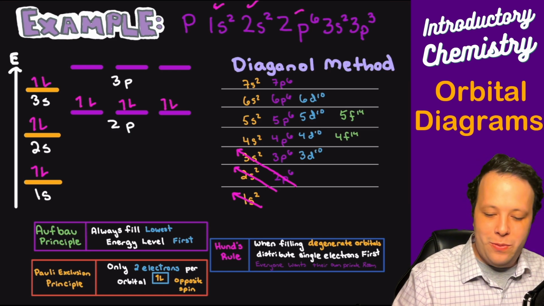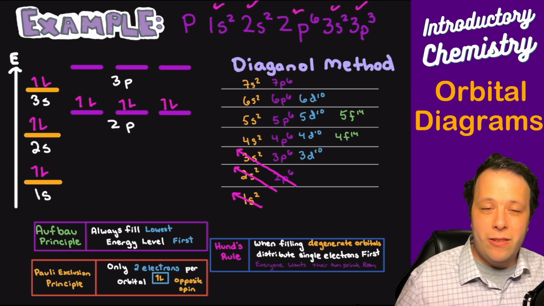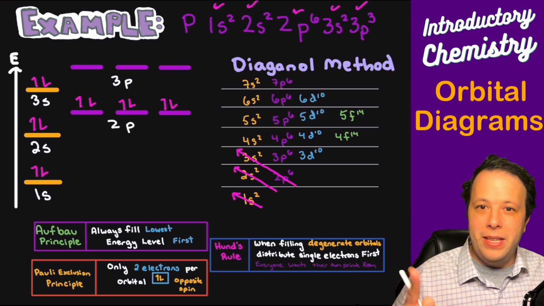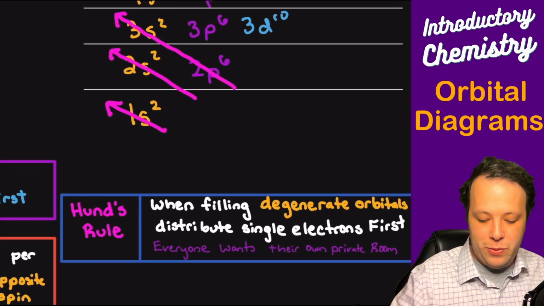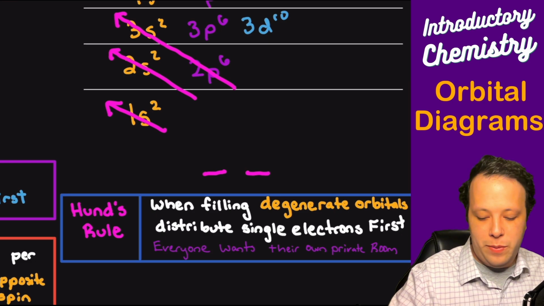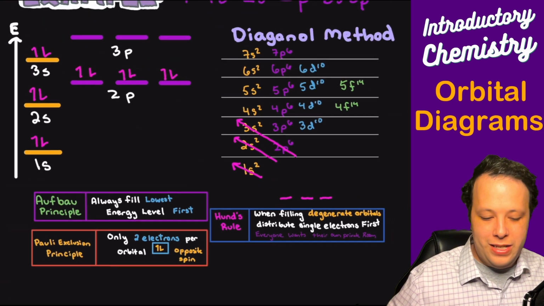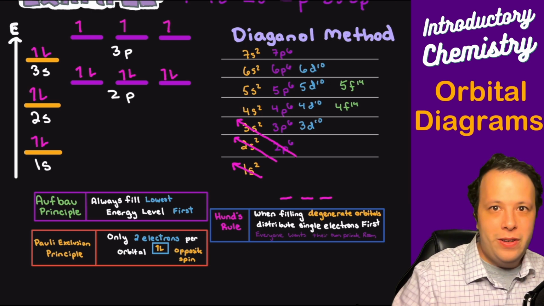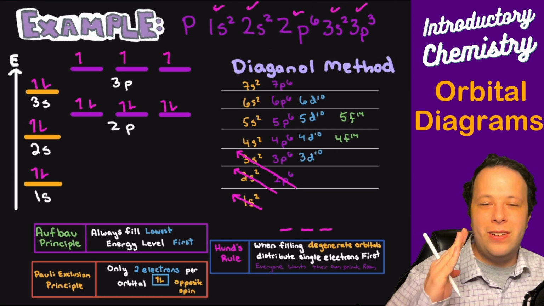Okay, now 3p. So notice how we have 3p3. So how should we fill this in with Hund's rule? Well, keep in mind, these are all degenerate orbitals when we have our p orbital. So we're going to put essentially one individual in each room first for phosphorus.